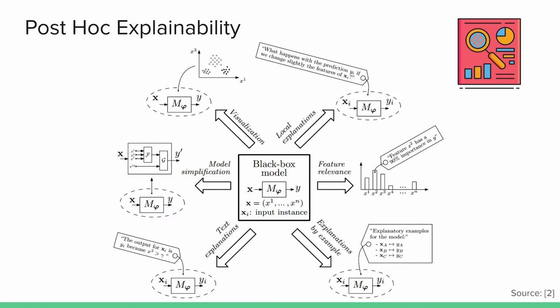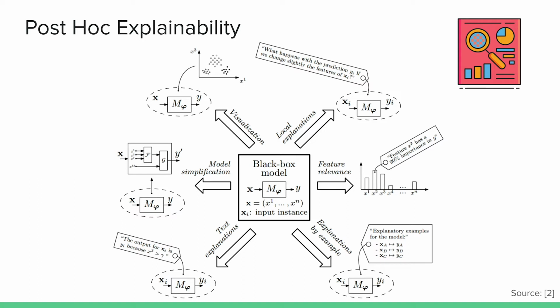That's why we need these post hoc explainability methods, where we kind of get some explanations after we've trained a model that for us is a black box model. For example, we want to get some text explanations that basically represent the functioning of the model.